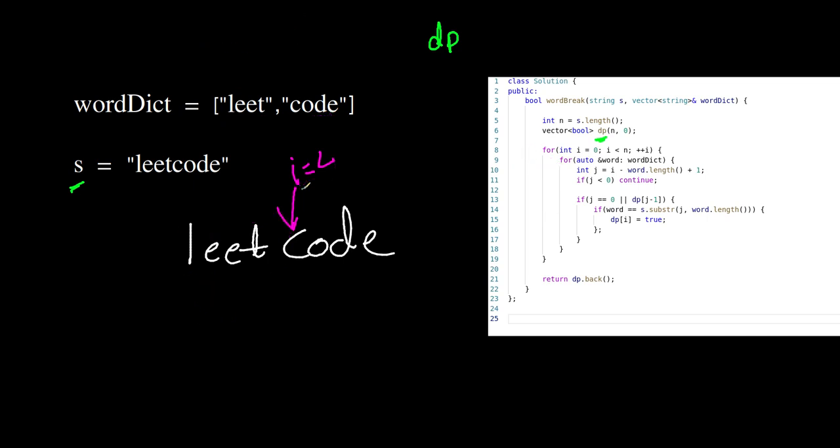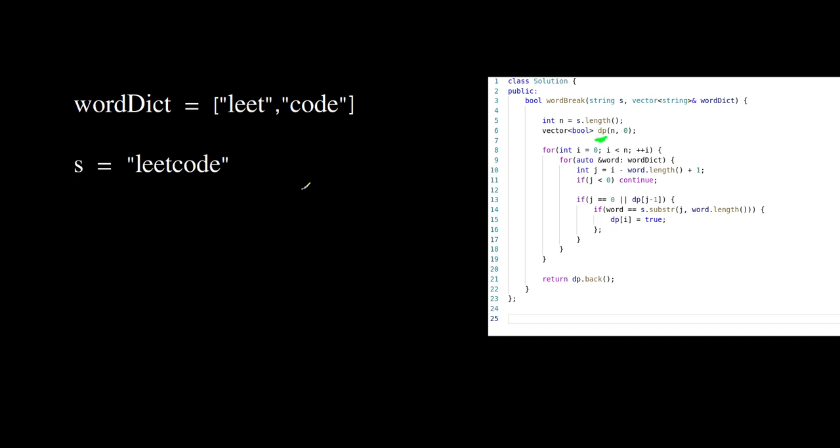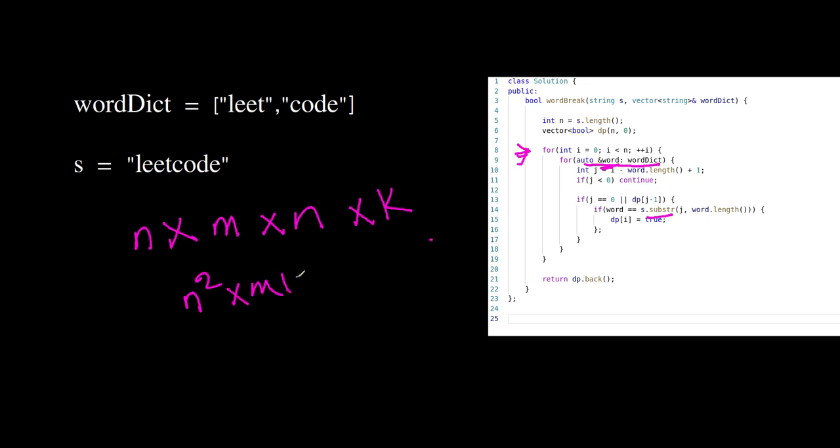So this is the whole idea, and the time complexity for this is better than the previous one, because here we iterate n multiplied by the number of words in the dictionary, which is m, and here we do a substring, and substring costs n, and remember each word length is k, so the time complexity for this is n square multiplied by m k.